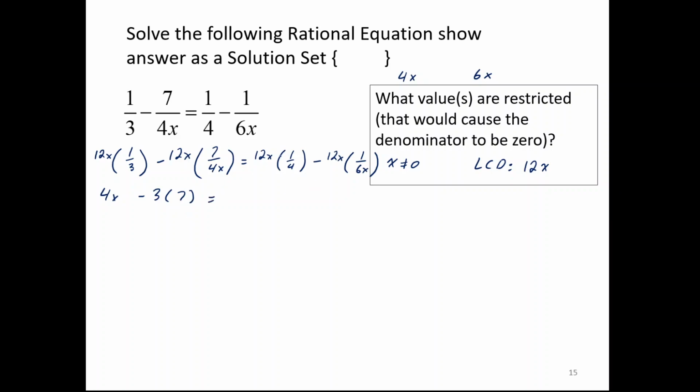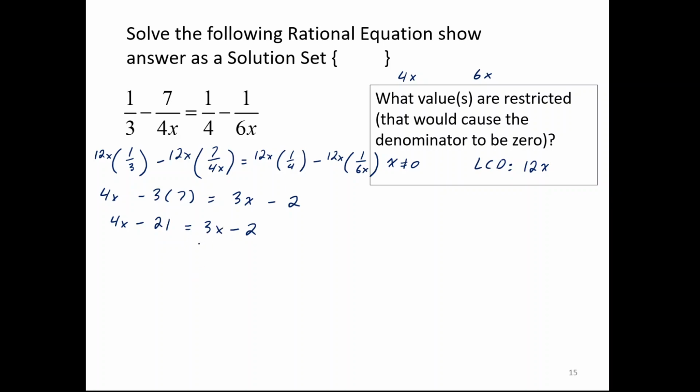Equals 12x divided by 4 would be 3x, so we have 3x times 1, which will be 3x. And then minus, for our last term, 12x divided by 6x, that would be 2. So that's minus 2 times 1, or just 2. I'll go ahead and multiply my 3 times 7 for my second term, so this becomes 4x minus 21 equals 3x minus 2.